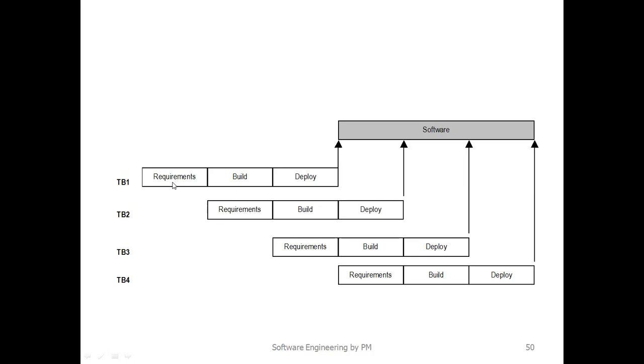In time box 1, the requirement activity produces an output, maybe an SRS document, the software requirement specification document, which becomes an input for the build activity, the designing activity. Based on the software requirement specification document, some designing activity happens.